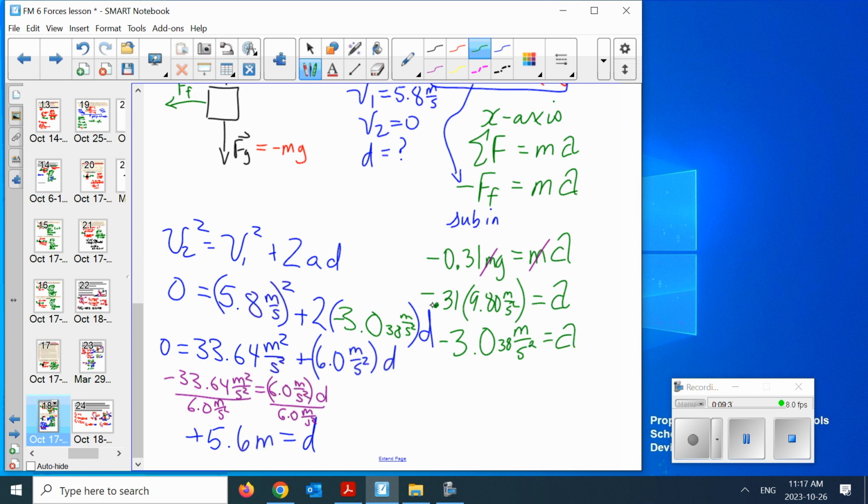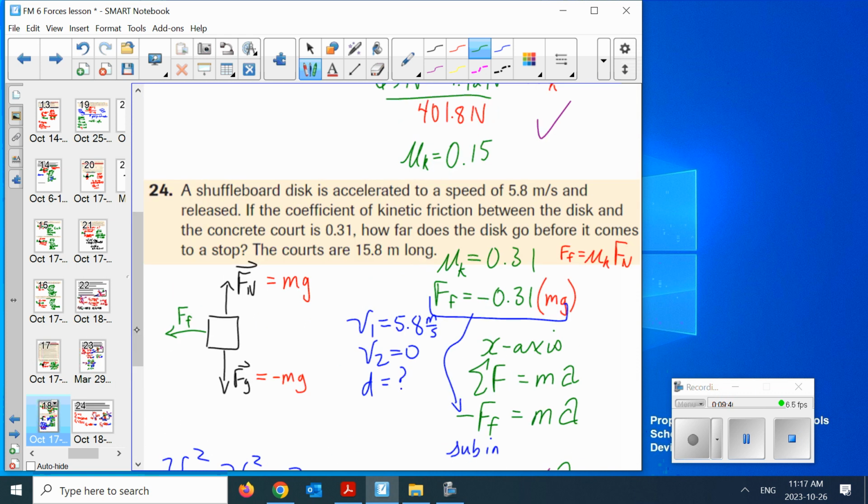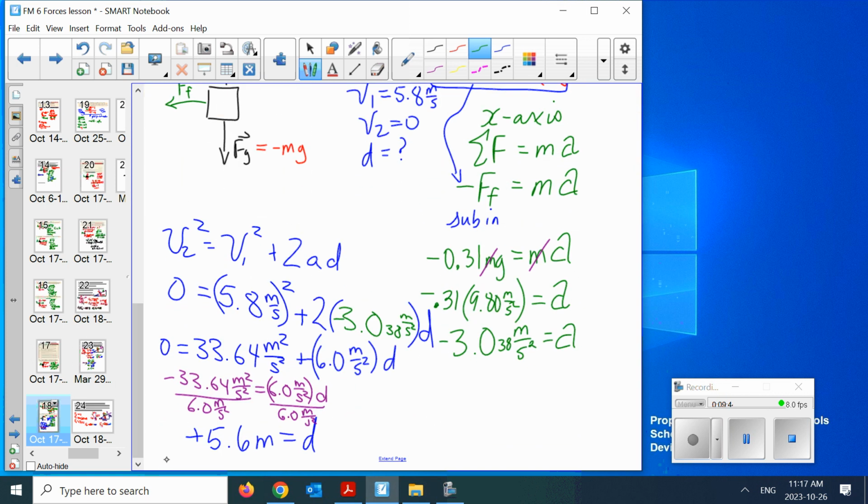Okay, yes. 0.31 is the mu value given here in concrete court. Okay. That's the mu value. Okay. Other questions about this one? I'll give it another second or two.